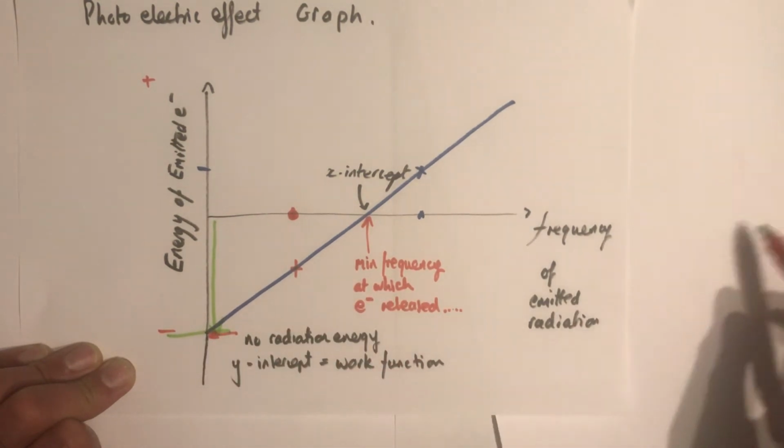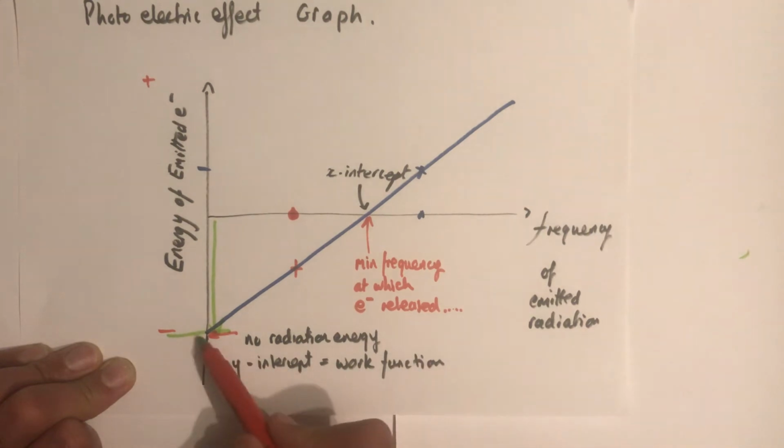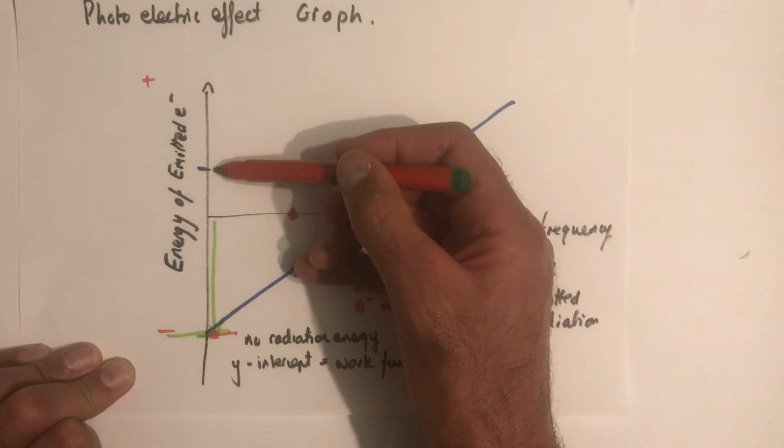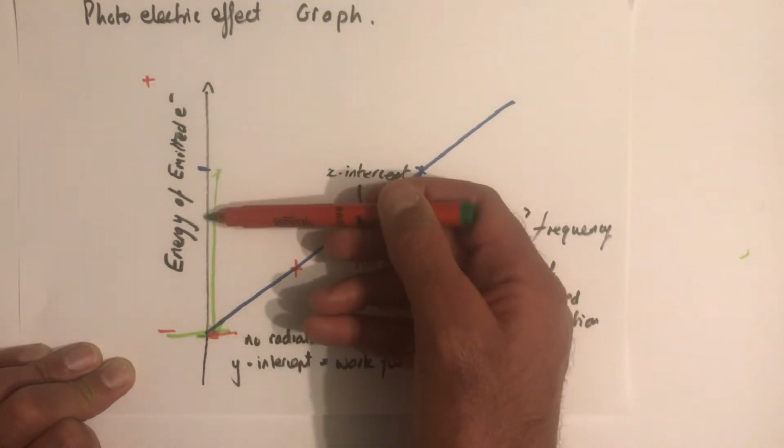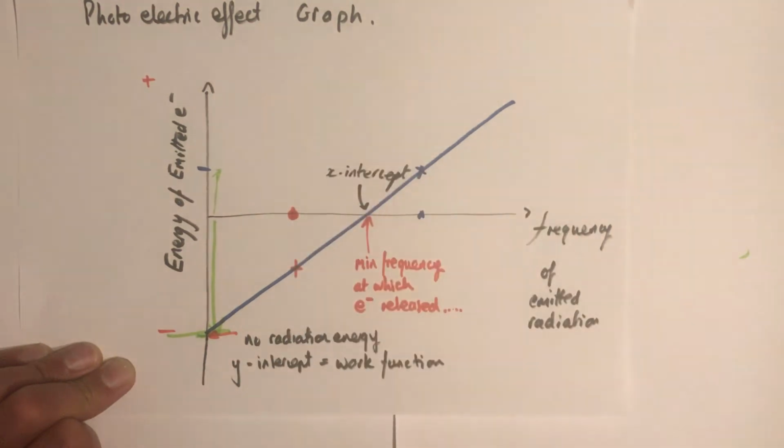At that point, the y-intercept equals the work function. So this point on the graph is the work function. Now, to get a certain amount of emission, I need to provide enough energy to overcome the work function and a bit more to become the kinetic energy of the electron.